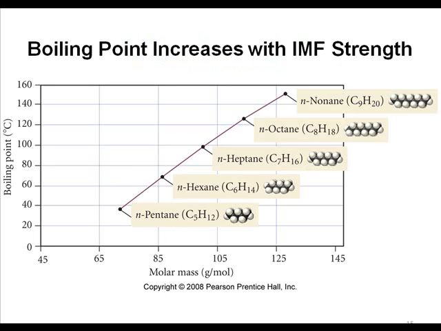Now, what you need to bear in mind is that we can observe this by observing boiling points or freezing points. Pentane is a fairly small molecule. That's at the bottom, and you'll notice that its boiling point is below 40 degrees Celsius. As you move your way up to hexane, heptane, octane, etc., there's a very linear increase in the boiling point.